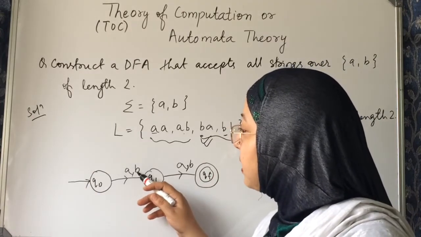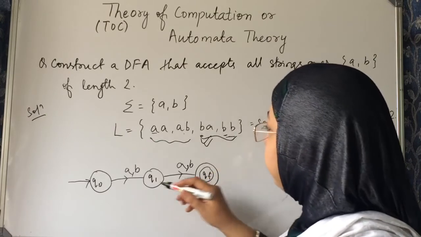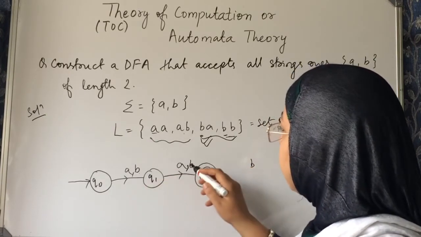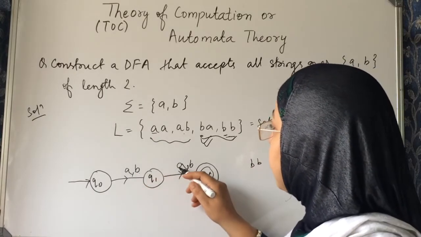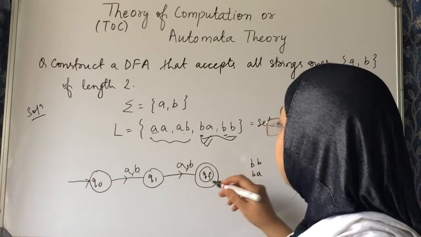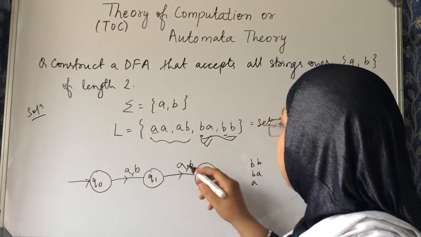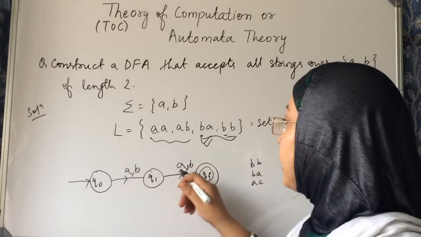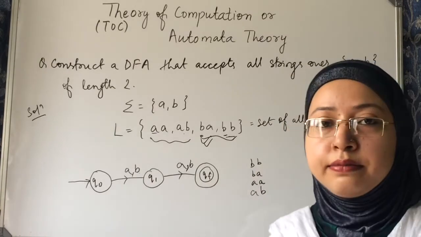If the first symbol is B and the second symbol is B, it will accept the string BB. If the first symbol is A and the second symbol is A, it reaches the final state. If the first symbol is A and the second is B, it also reaches the final state.